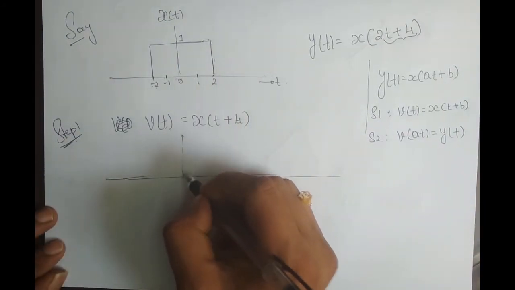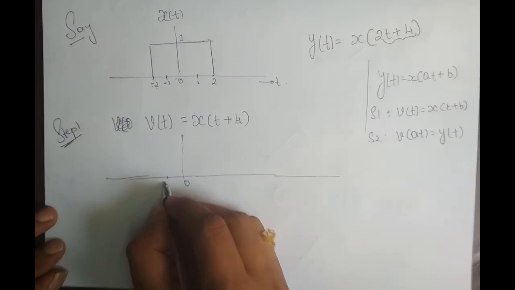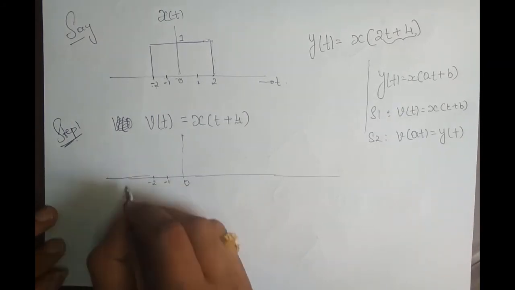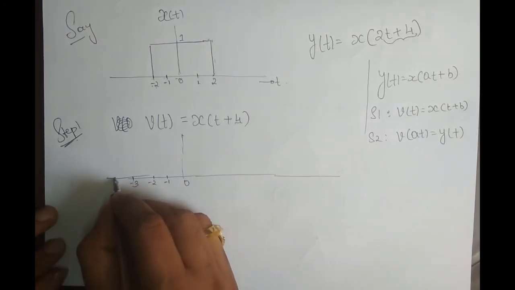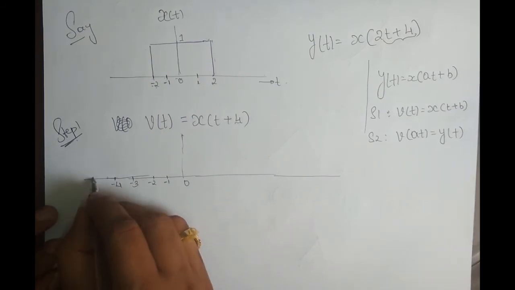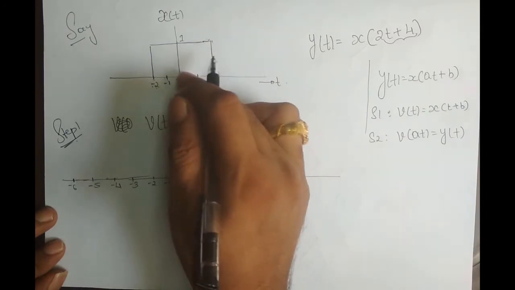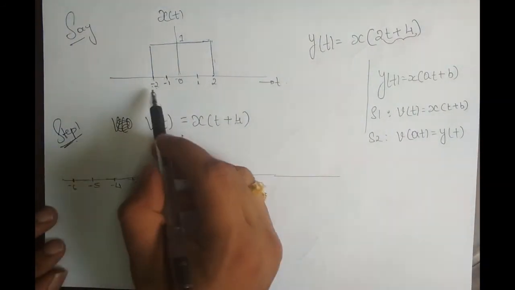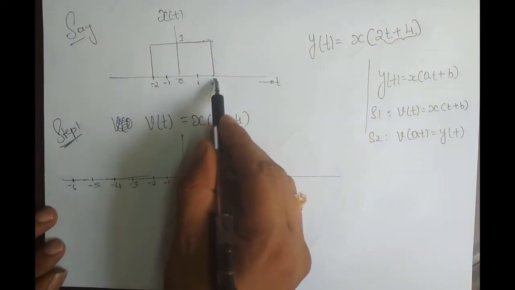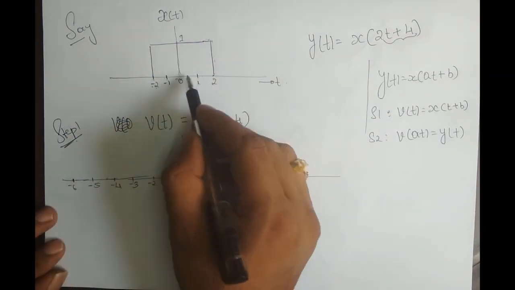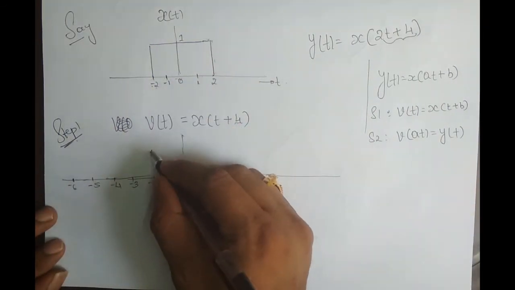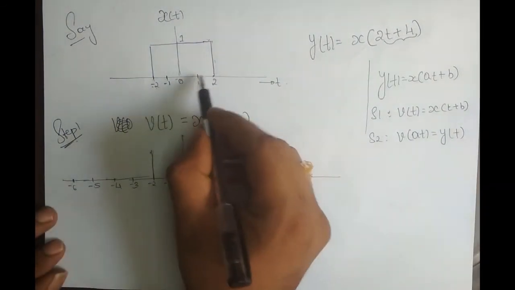So this is our origin 0. This is -1, -2, -3, -4, so -5, -6. So 1, 2, 3, 4. So this part of the signal comes at -2, and so 1, 2, 3, 4.